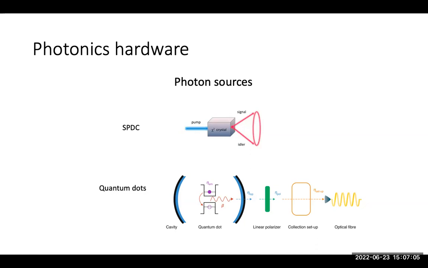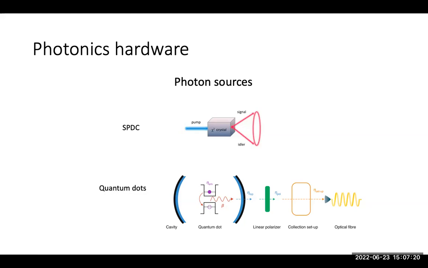You can check from one of the photons if the other has been generated correctly. You can also use this idler photon to align different sources of photons, and that's how you build up your setup.